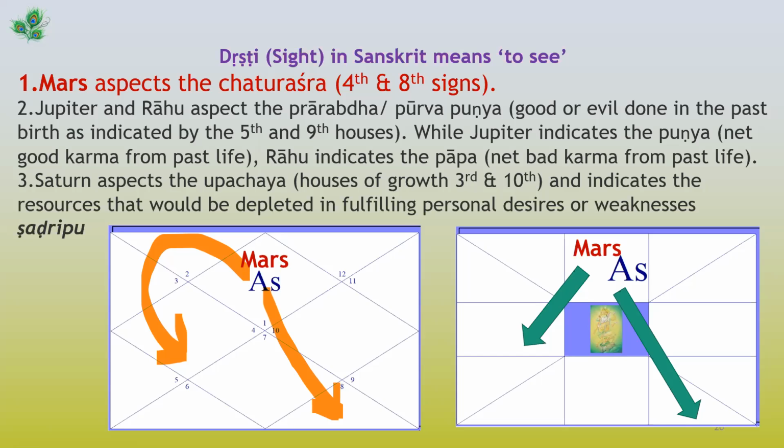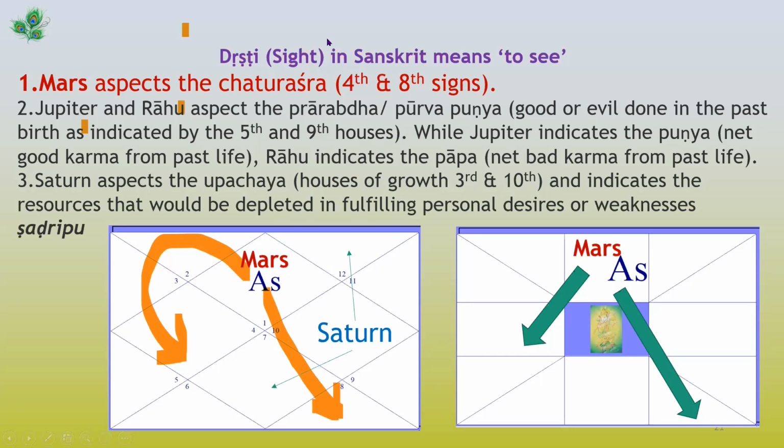Jupiter and Rahu always have a trine aspect. That means wherever it is, it will have the 5th house and the 9th house. Remember the trine? Okay. Is everybody clear on this, or shall we do an example? That's clear.